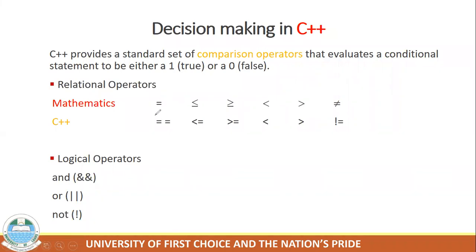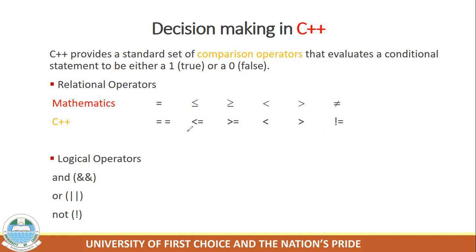All right. In mathematics also, if you want to check if a variable is less than or equal to a certain number, you use the mathematical symbol. But in C++, you follow more like the way you speak it.